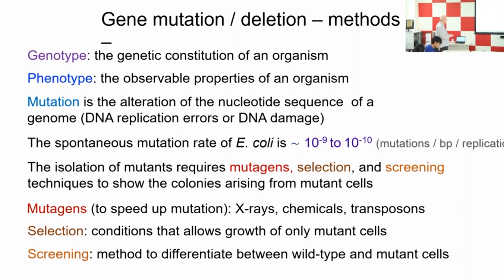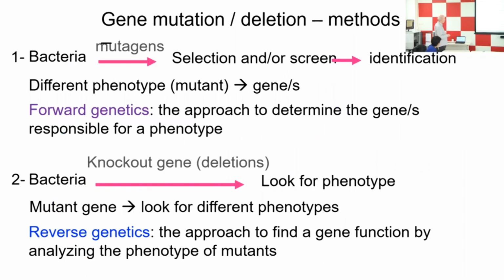So mutagens are compounds or circumstances that may speed up mutations, for instance, X-ray or chemicals, and in the hands of microbiologists also transposons. Selections are the conditions that allow growth of only mutant cells, and screening, unlike selection, is a kind of manual method to differentiate between wild type and mutant cells. Okay, so remember these things.